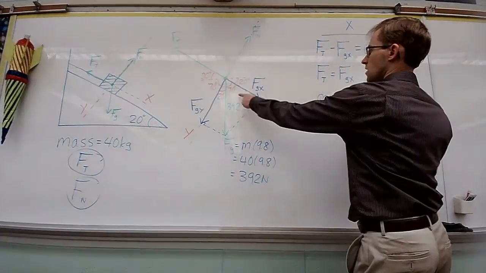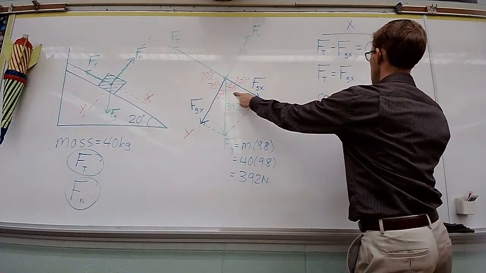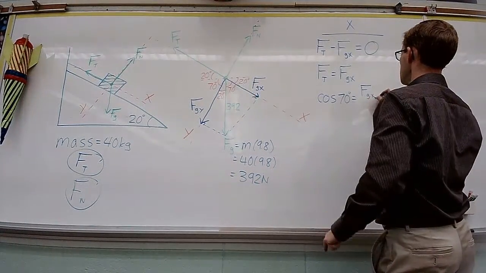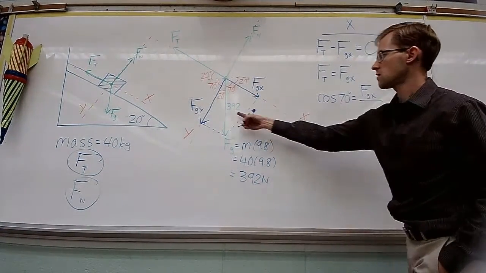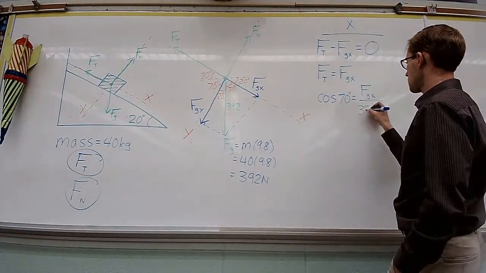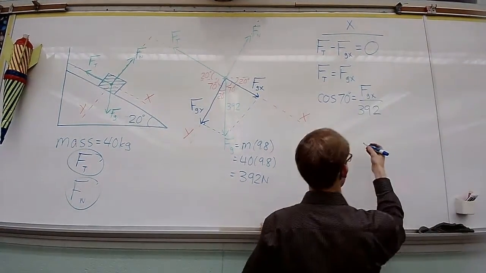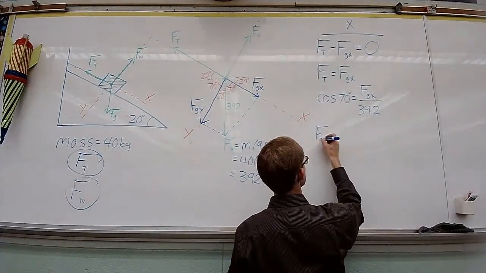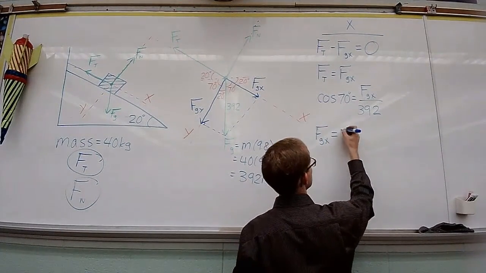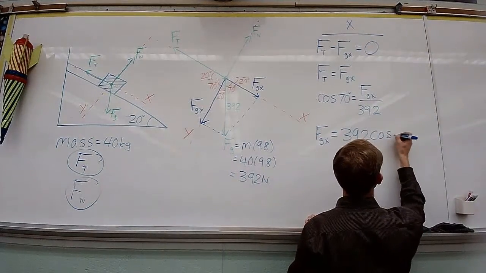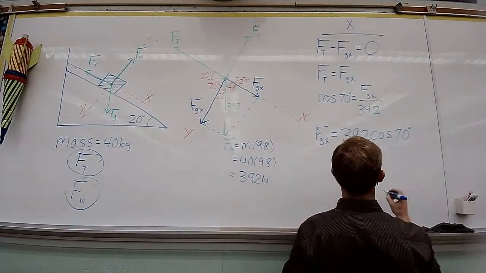So the cosine of 70 degrees is equal to adjacent, which is FGX, over hypotenuse, which is 392. And I can use that to solve for FGX, just like we've done in the past. Multiply both sides by 392. And you're home free.